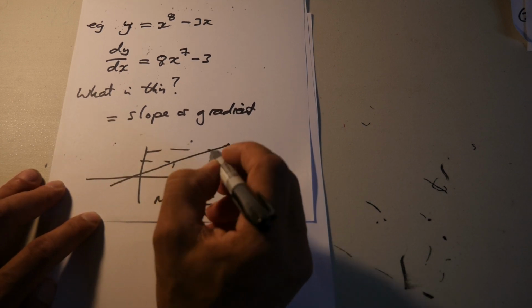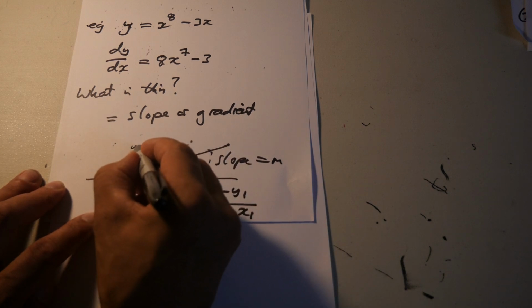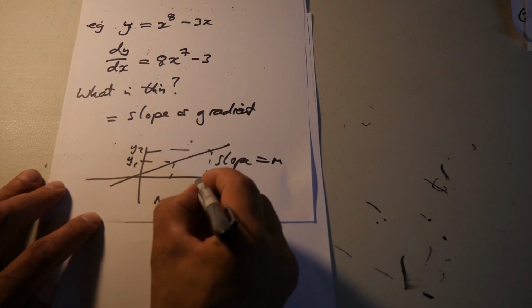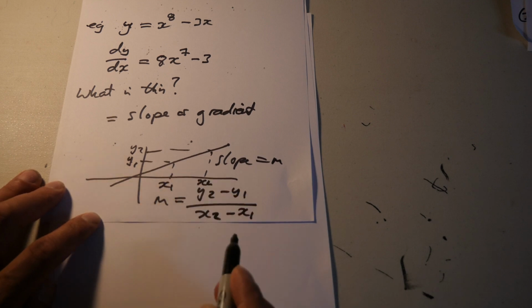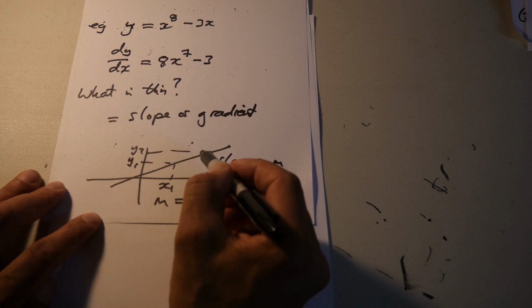You have the y coordinates y2, y1 and the x coordinates x2, x1. That gives you the slope.